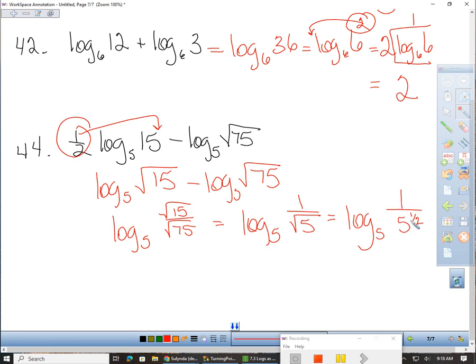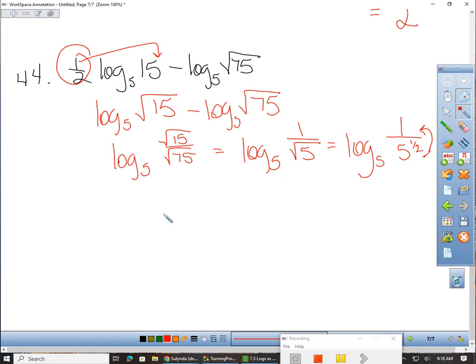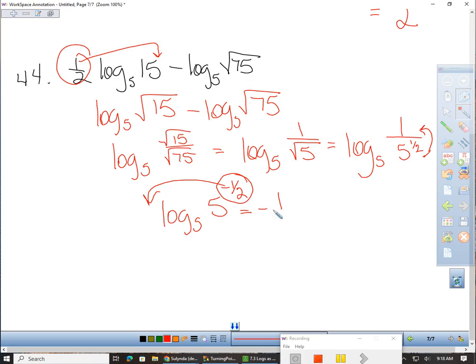Now, what is our rule that gets to move this to the top? What do we have to do to that exponent? We have to make our exponent negative. So that gives us log base 5 of 5 to the negative 1/2. And now this negative 1/2 gets to go out in front. So I have negative 1/2 log base 5 of 5. And of course, log base 5 of 5 equals 1. So this equals negative 1/2.